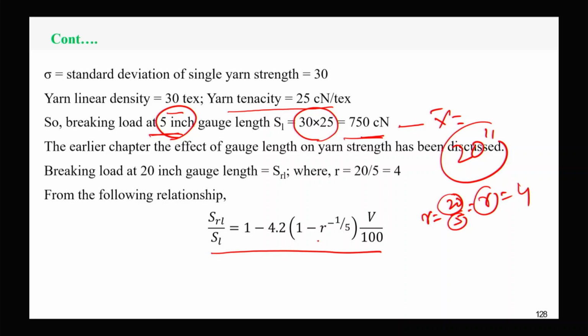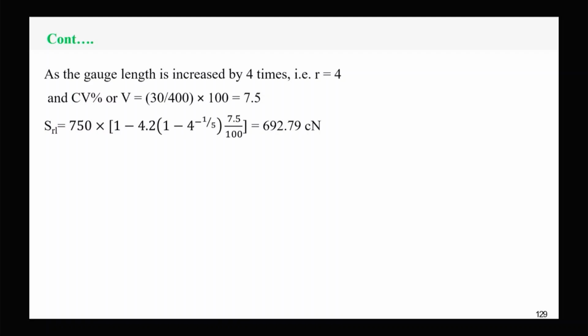Here we use the R value, where SL is the strength at 5-inch and RL is the strength at 20-inch gauge length. That we have already discussed in detail. From there we can calculate X R L.